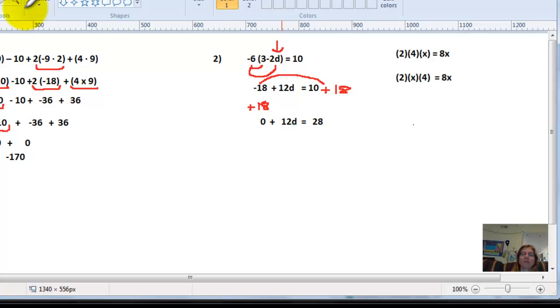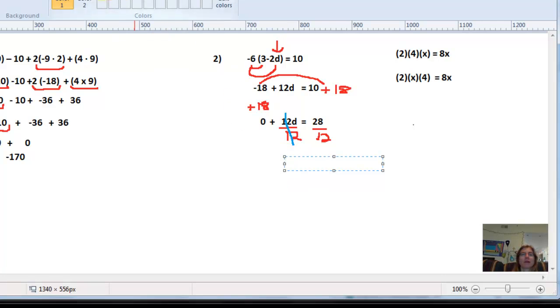So what you're going to do is divide by 12 on both sides of the equation to get the d separated, because 12 is multiplied. So that takes care of 12 over 12, because 12 over 12 is 1. So you have d equals 28 twelfths.